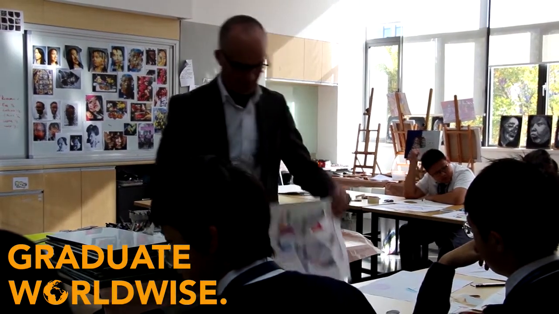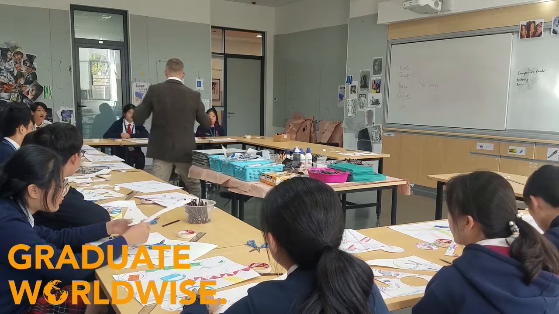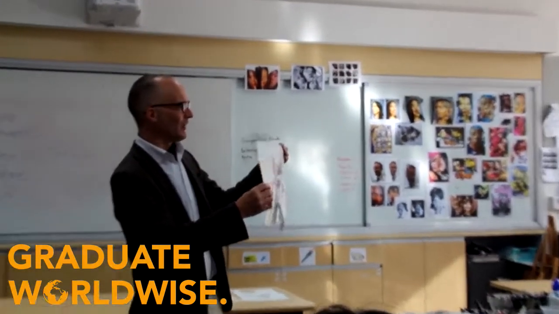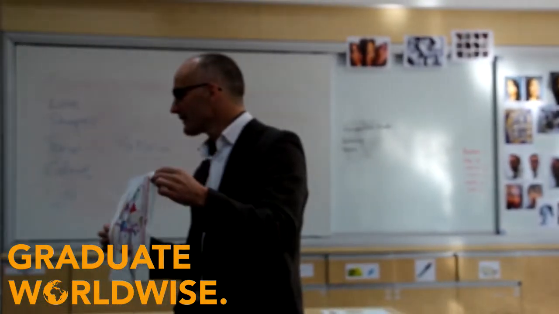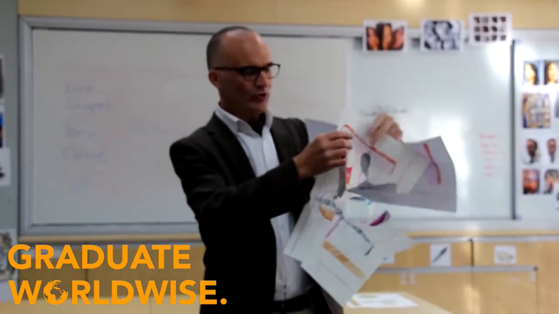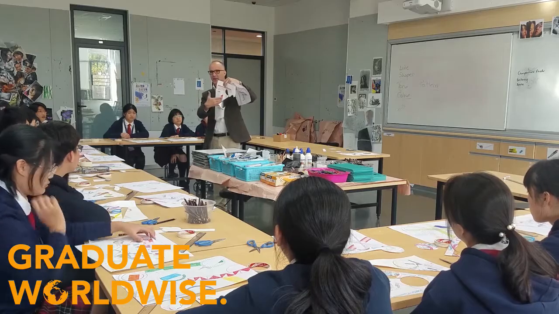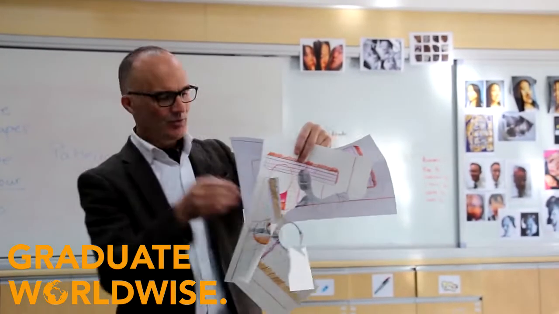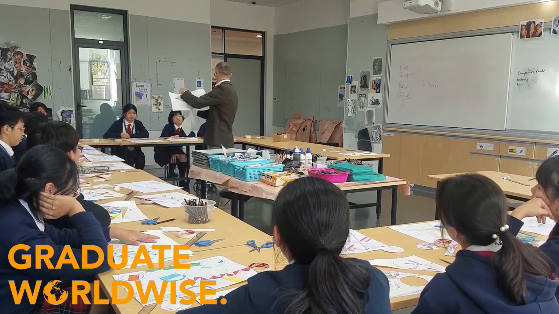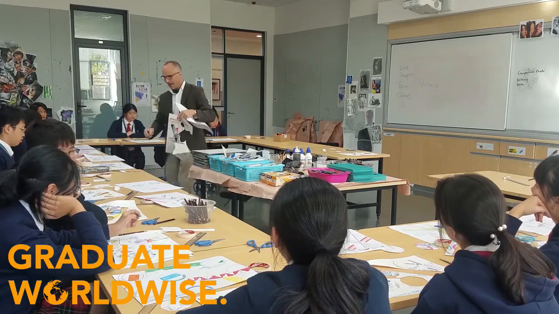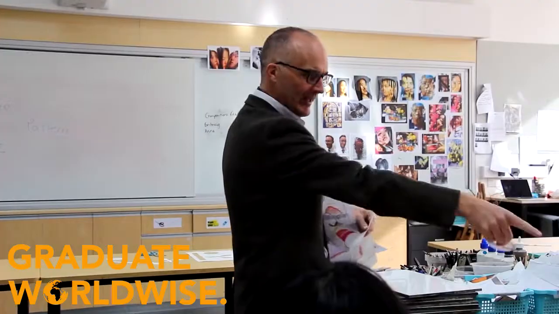Here's the first one. The first layering exercise is that you now see the original artwork through the artwork here. Does anyone know what these are called? What do we call these spaces in the language of art? What do you call this here? It's called a negative space. These now become positives. Keep cutting.